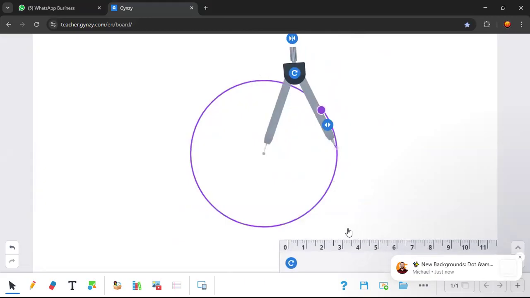Then mark a point on the circle and name it as A. So I will do the second one.